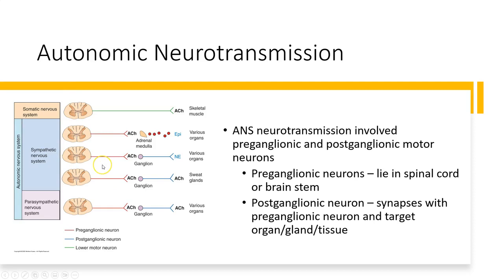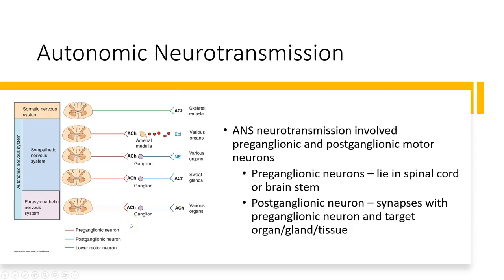Our primary approach is a preganglionic neuron leading to a ganglion, where then a postganglionic neuron continues the process. You can find the preganglionic neurons in the spinal cord or brainstem, where the postganglionic neurons will synapse with both the preganglionic neuron and the target organ or target tissue or target gland.